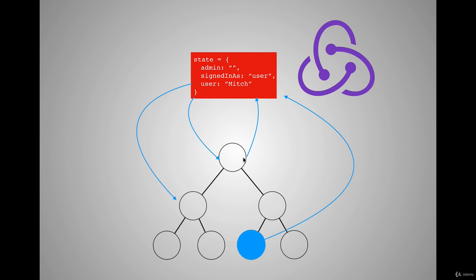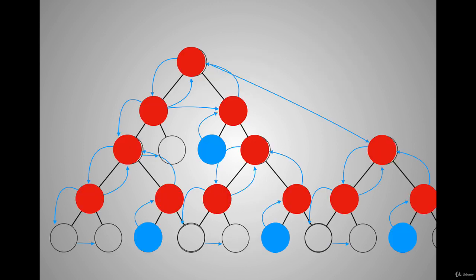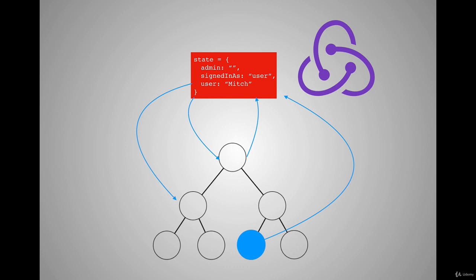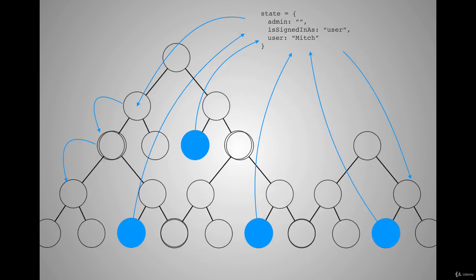So our diagram from looking like this with just React can go to looking like this with Redux, where none of the components need to hold state anymore, and we can have one massive object that describes our entire app, and whichever component needs that prop can just be passed down to it. And any updates that happen go through the state gets modified, and then we pass down that information to the component.